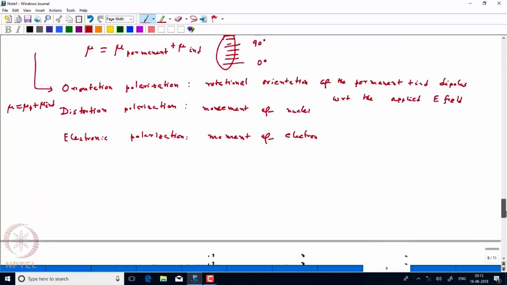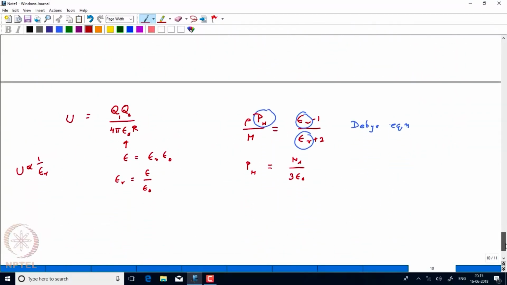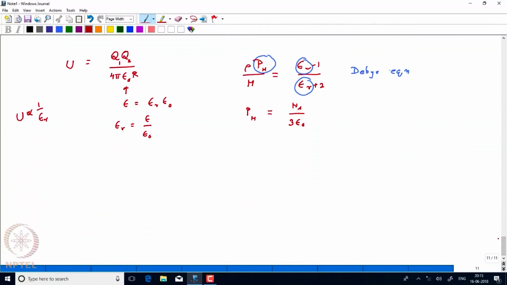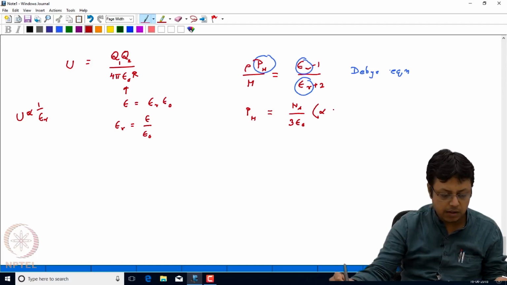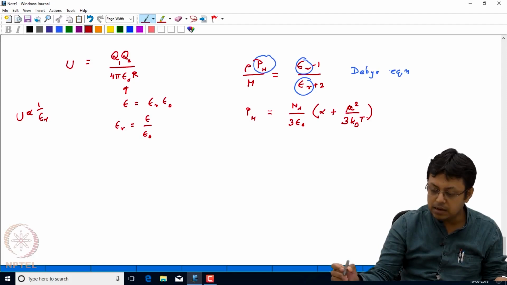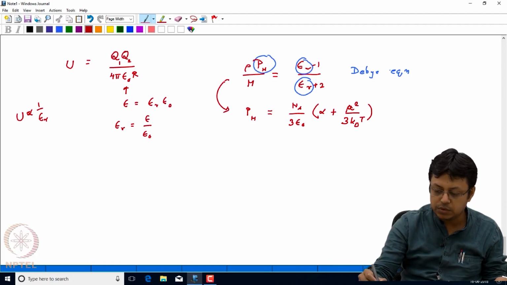And then we can have a permanent dipole moment contribution also. So we can have N_A by 3 epsilon_0 into alpha plus mu squared by 3 k_B T, and then we can combine these two equations.